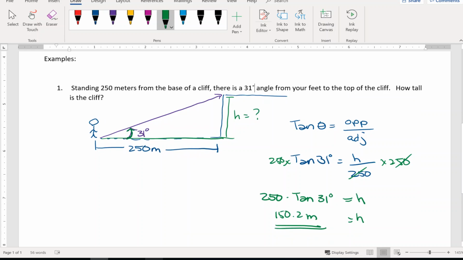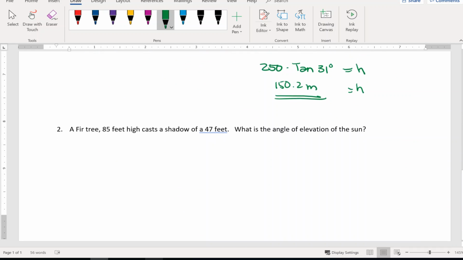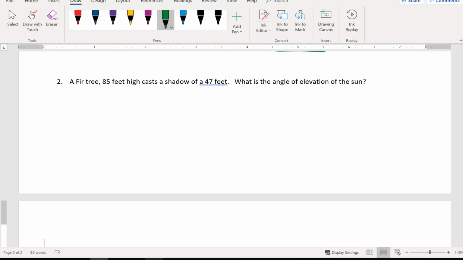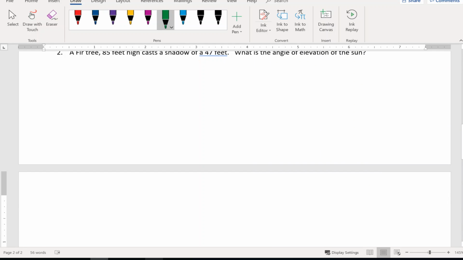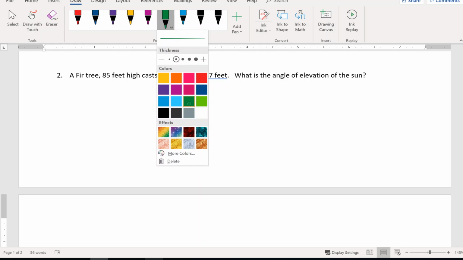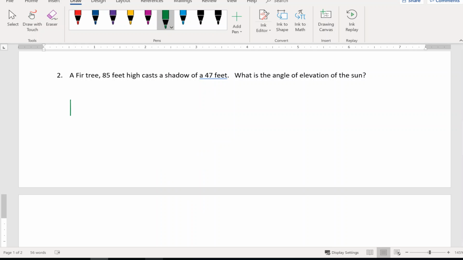Okay, let's look at another example. In this next example here, we have a fir tree. And this fir tree is 85 feet high, and it casts a shadow of 47 feet. What is the angle of elevation of the sun? Well, again, let's draw out what we know. So first of all, we have a tree. Here is our tree.